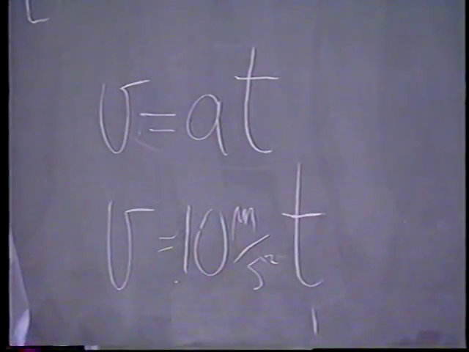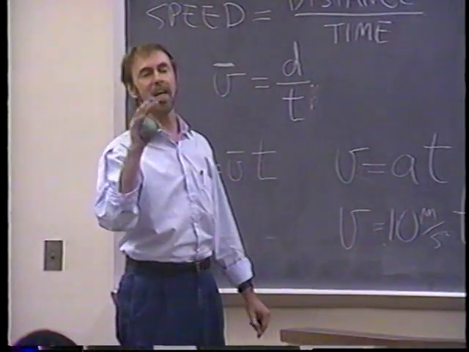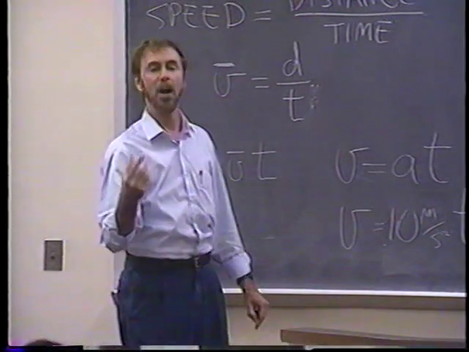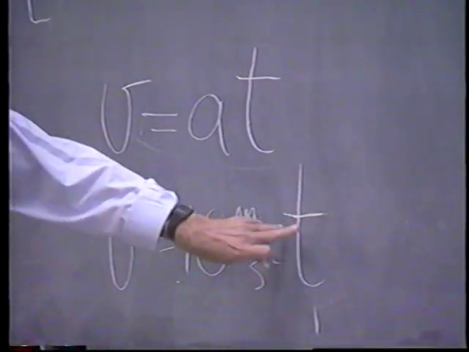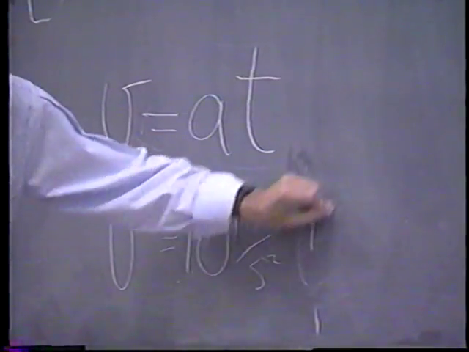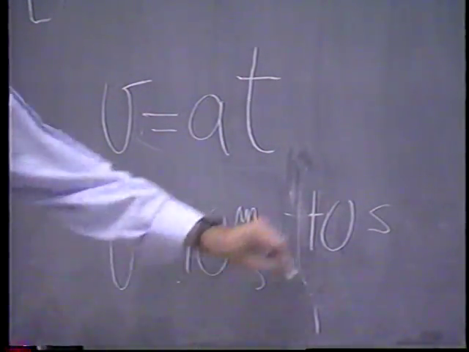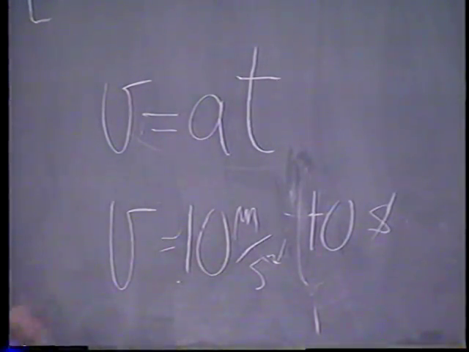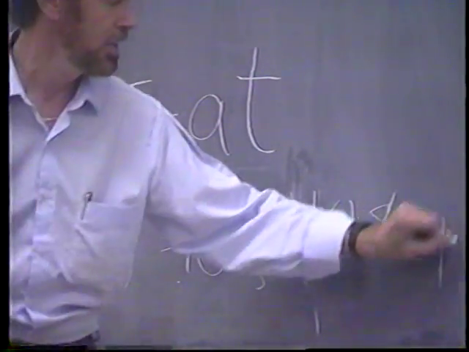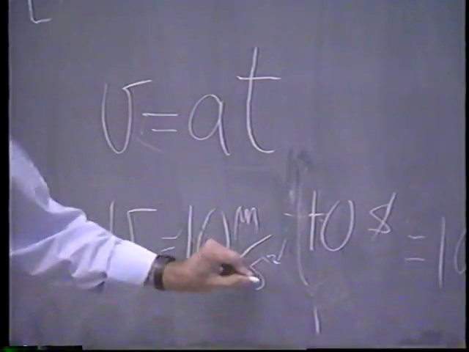That's what we just did. I asked you people, if you fall for 10 seconds, how fast is it going? Where the t is, you put 10. And that cancels out one of these seconds over here. And so what you're left with is 10 tens is 100 meters per second.